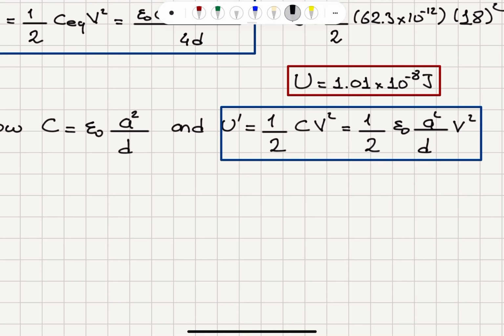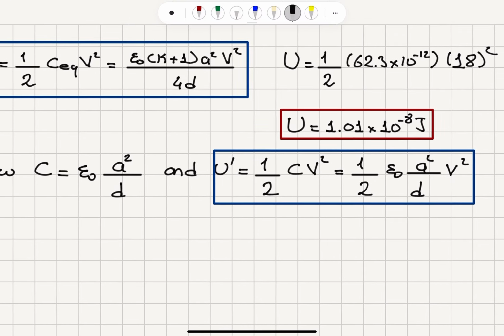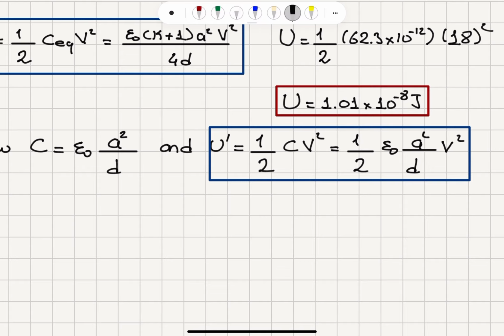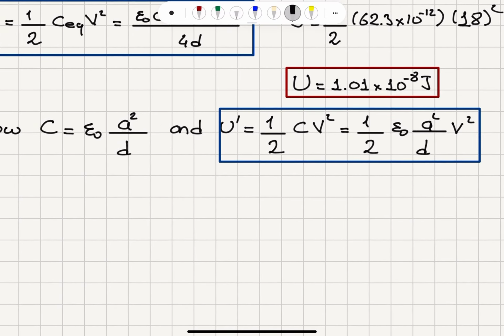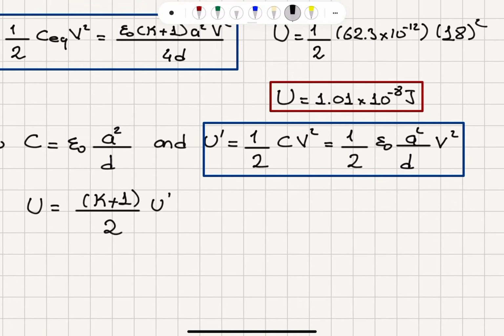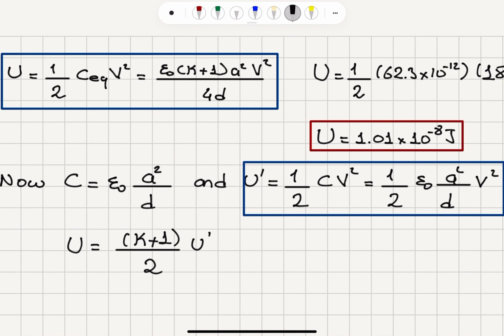Okay, now we see that the stored energy U on top was kappa plus 1 over 2 times this stored energy. So I observe that U is equal to kappa plus 1 over 2 times U prime. If you take the ratio of these two, you will see we have kappa plus 1 over 2.